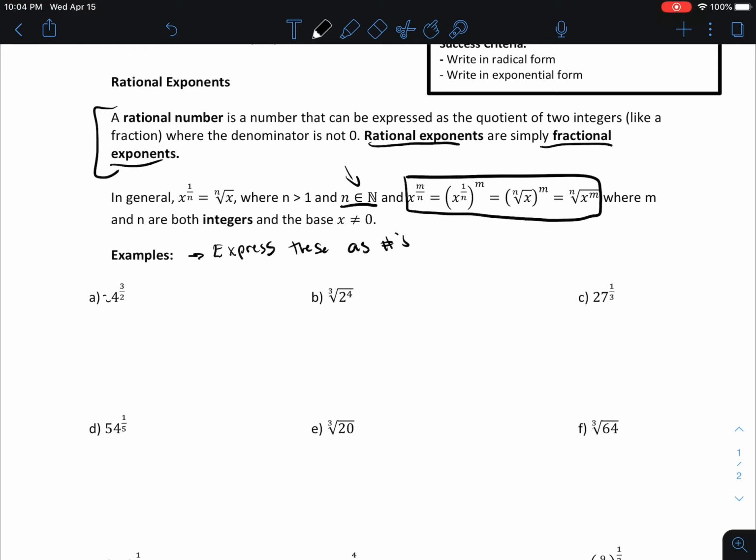In theory, you could type this into your calculator and get a number out, but I want to see some of the work on how you actually manipulate rational exponents and turn them into radicals.